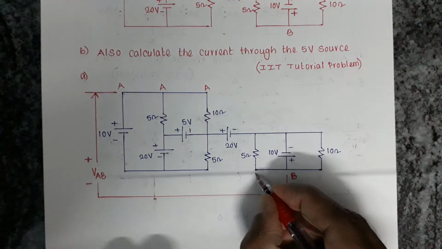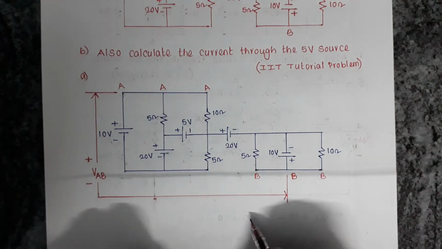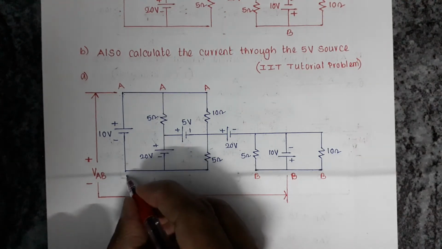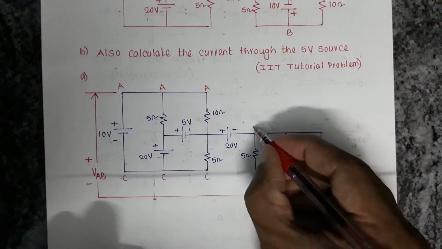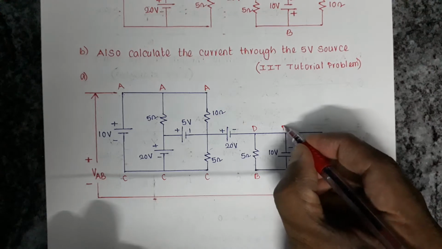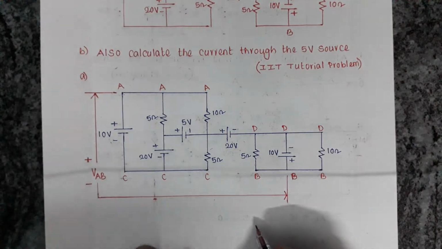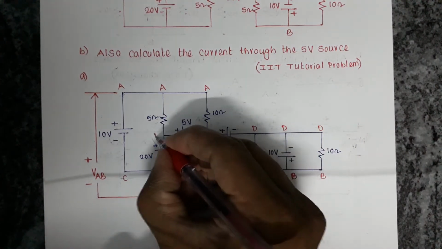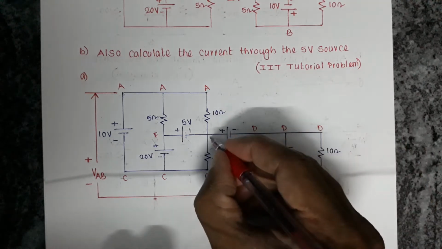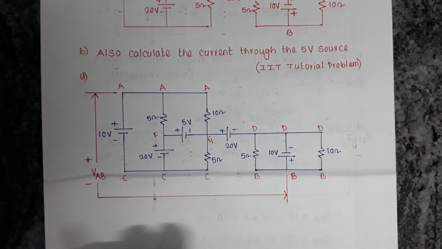This is B, and this is also B. Let's suppose this is C and this is C, and this is D and this is D. I'm assigning names to the nodes. Let it be F, and let it be G. So we have given names to the nodes, which makes it easy.